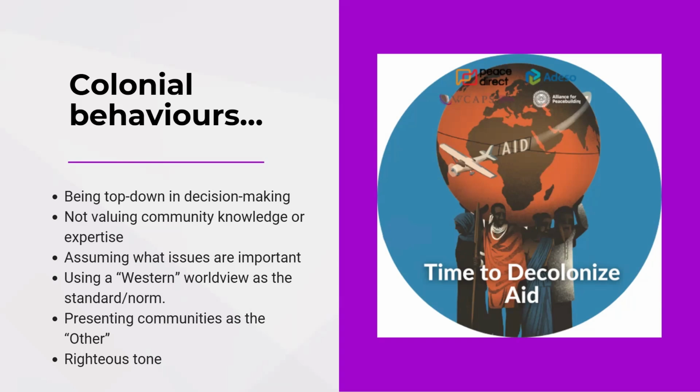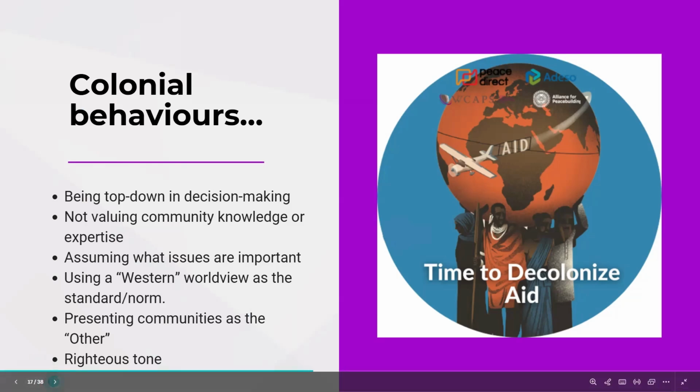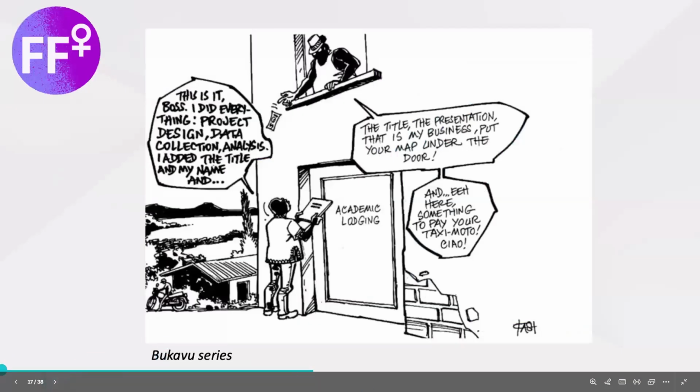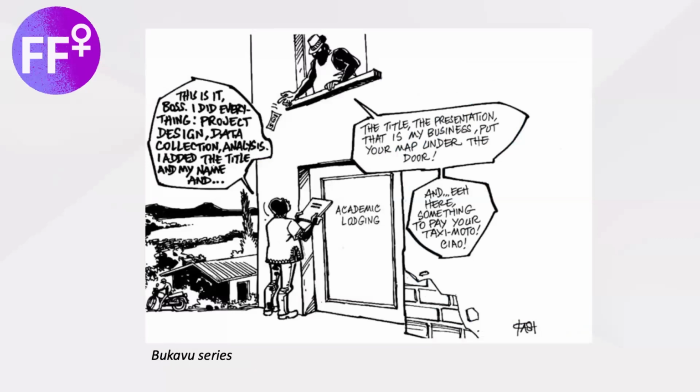A couple of examples before we have a little exercise to think about individually. So moving on to the next slide. Here I've used a visual from the Bukavu series, a visual from the Congo, which was done to describe the invisibility of researchers who are based in the so-called Global South.